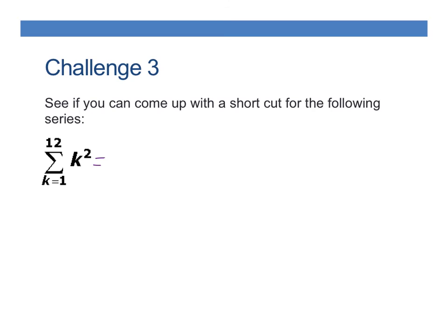The formula on the next slide for a quadratic series is n times n plus 1 times 2n plus 1, all divided by 6, where n is the 12 up on top.